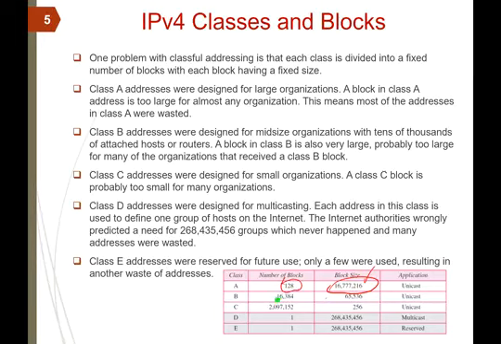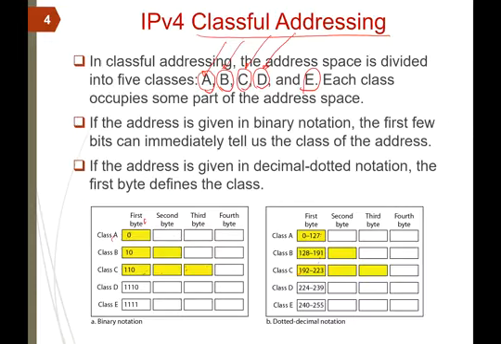In Class B, we have 2 bytes for network. The first 2 bits are gone here because they should always be 1 0. So we are left with 6 here and 8 here, which equals 14. So how many blocks in total do we have? 2 to the power 14. 2 to the power 14 equals what?